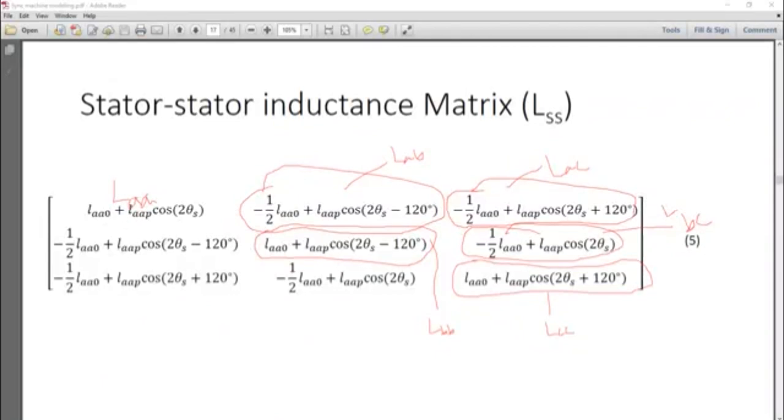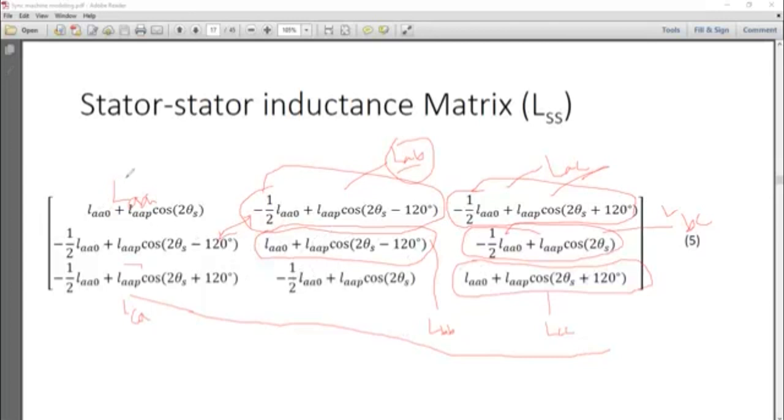They are symmetrical. Even if you calculate LAB having known LBA, you should end up with the same expression. If your calculation is correct, then you should get that LAB is the same as LBA, LAC is the same as LCA, and so on.